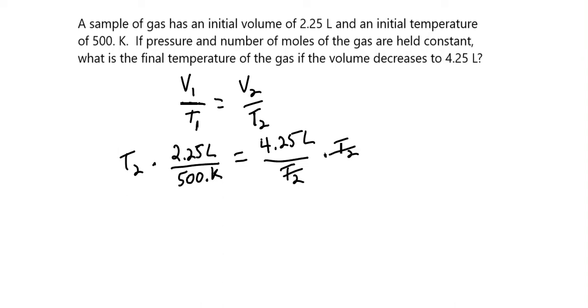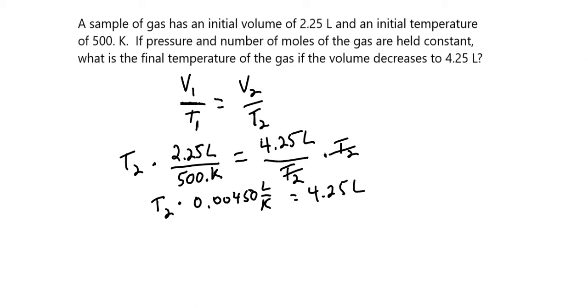We've moved it over to the left hand side. If we calculate 2.25 liters divided by 500 Kelvin, we end up with T2 times 0.00450, and that's now liters per Kelvin, and that will equal our 4.25 liters.